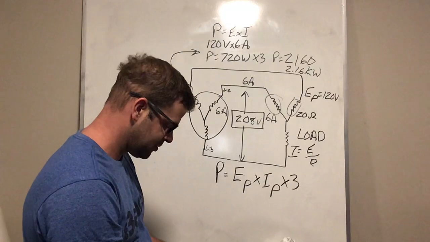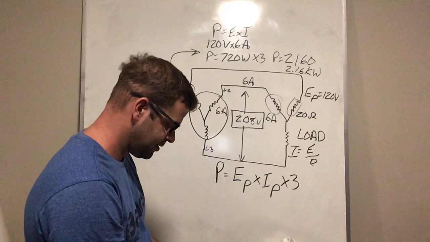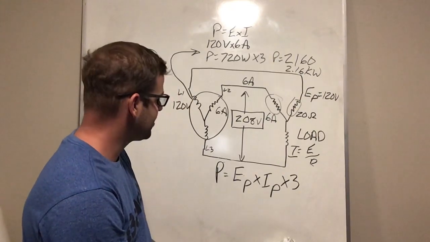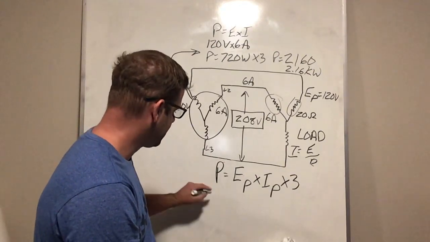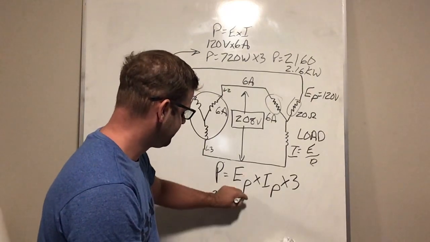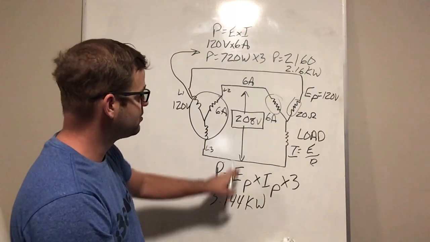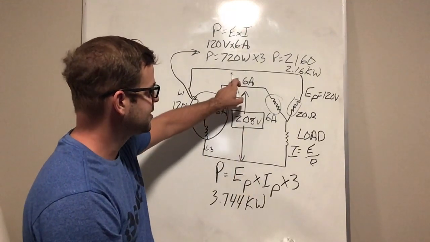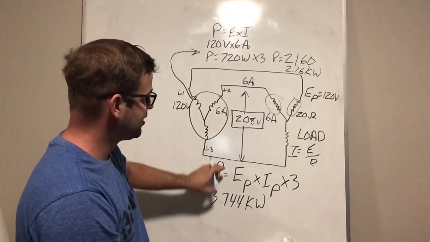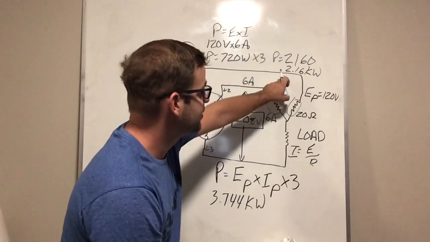So I have 208 volts times 6 times 3 gives me a value of 3.744 kilowatts, if I were to use 208 volts, 6 amps, and a value of 3. So obviously there's a noticeable difference between 3.744 and 2.16.